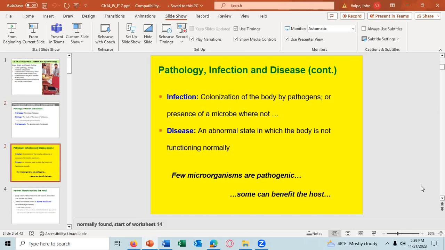For example, all humans have E. coli in them on their mucous membranes of their gastrointestinal tract, especially of the intestine and the colon. If E. coli is found growing elsewhere in the body, it is an infection. So if E. coli is growing in the ear or in the lung, it's not supposed to be there. So that is an infection. Any question about any of that?